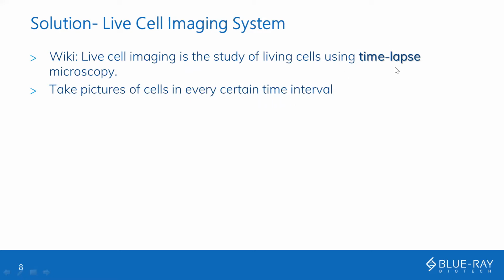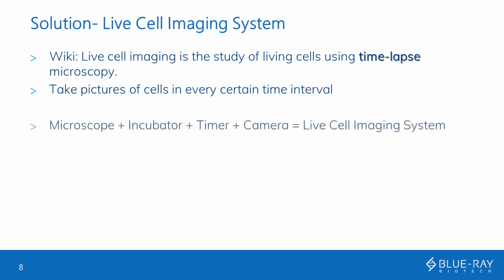This is time-lapse microscopy. If you want to take these time-lapse pictures, you will need a microscope, an incubator to keep cells alive, a timer, and a camera. Combined, this is a live cell imaging system.